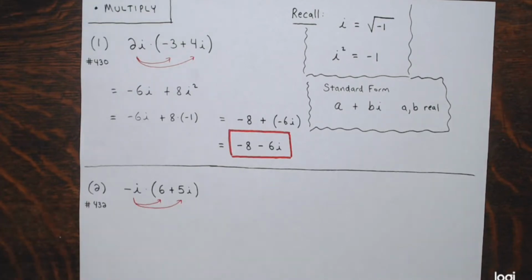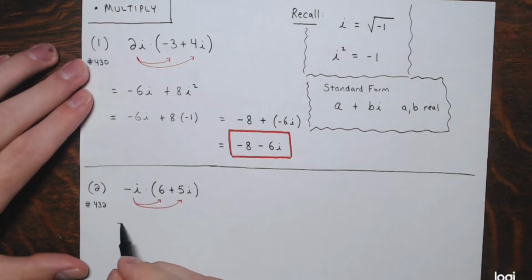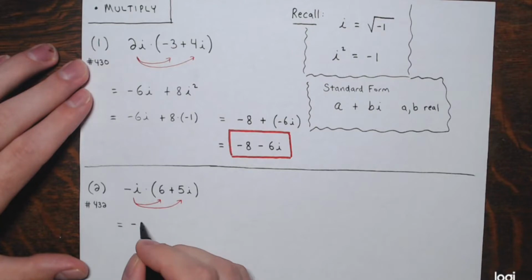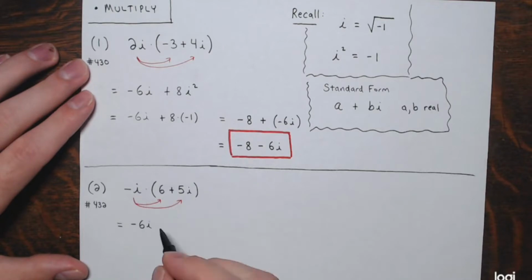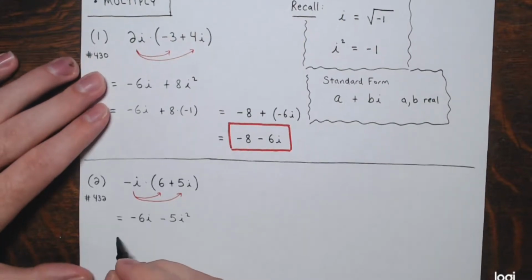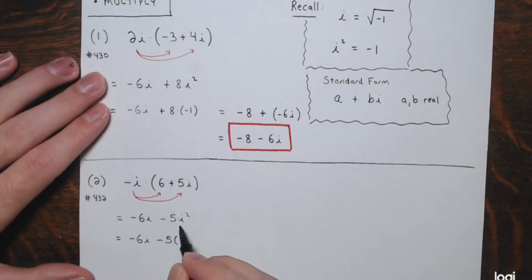Alright, so negative 1i times 6 is negative 6i. And then negative i times positive 5i would be negative 5i squared. But once again, we have negative 6i, and then minus 5 times i squared, but i squared is negative 1. Right?